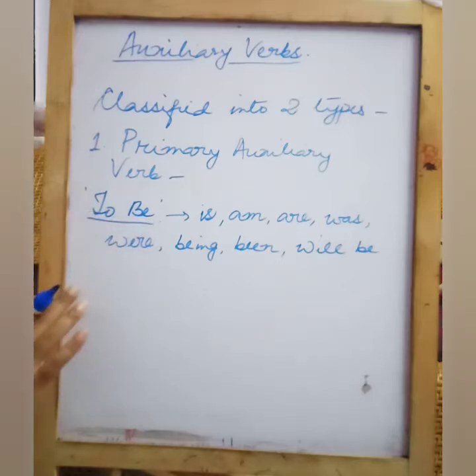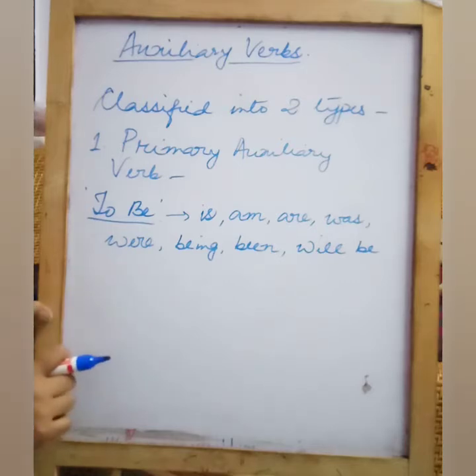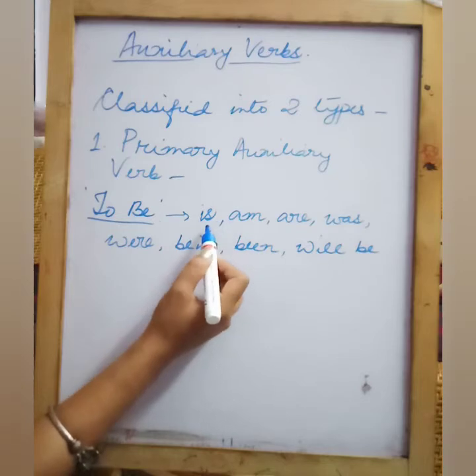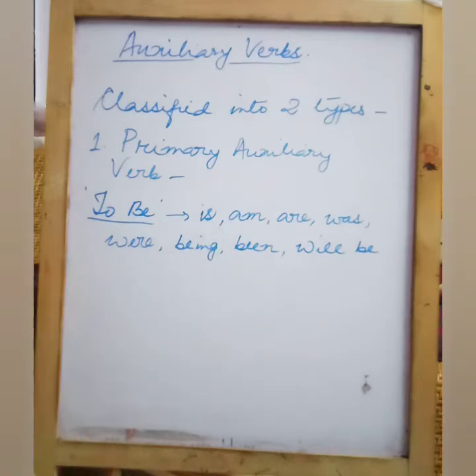Alright, so this be or to be, you can say be also, you can say to be also. Be can be used as a main verb, also it can be used as an auxiliary verb, as a helping verb. So first we will see now when we say "is" used with the singular, isn't it? I'll just write it, then you will understand better.